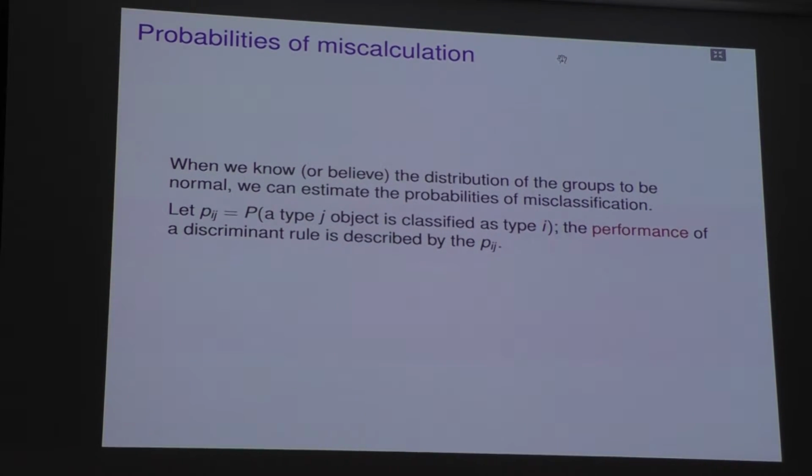And obviously what we really want is that all the Pii's are large, so we're correctly predicting that class i objects are indeed class i, and all the Pij's are small if i and j are different.